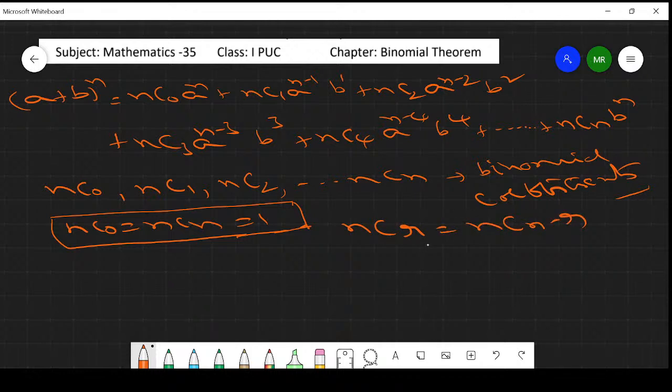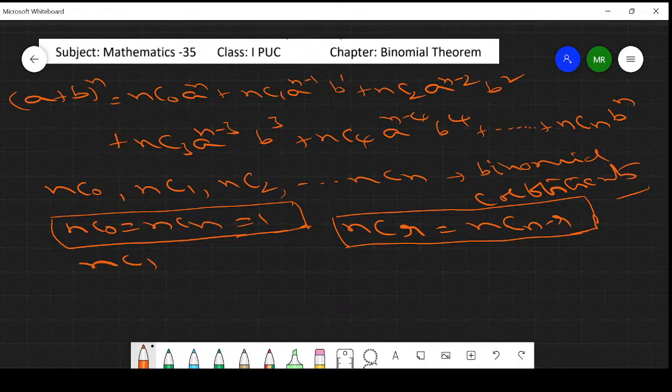These two are same; the suffix is n minus r. So nC0 is equal to nC(n minus 0), that is nCn. Both are same, equal to 1.